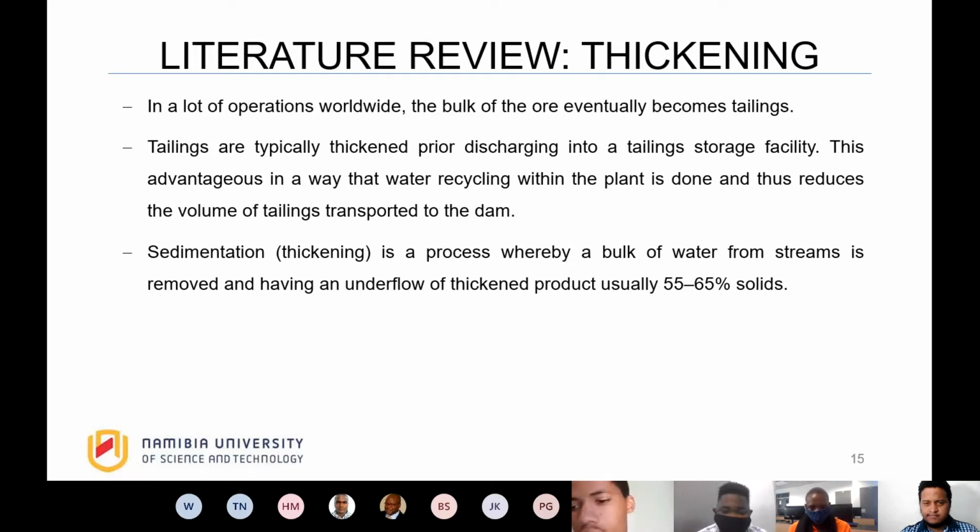Thus, we remove our liquid in the overflow, and then we have our underflow, which will have a thickened product of usually 55 to 65% solids. That's the optimum solids that we would want to have in our underflow, and then we pump it to our tailing storage facility.